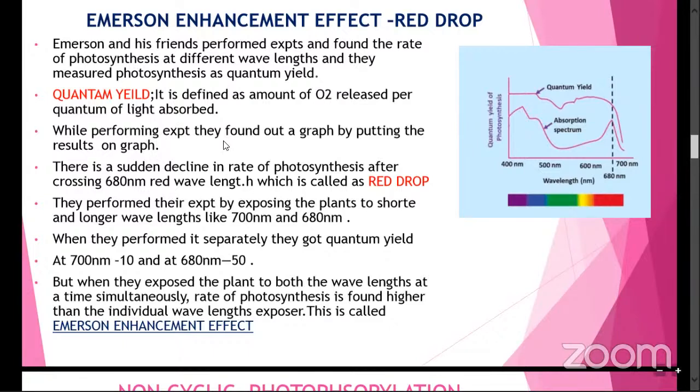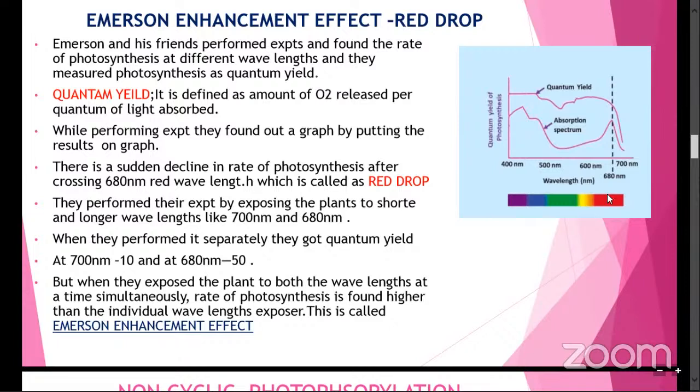While performing this experiment, they put the results on graph paper. Look at this graph. On one side, the quantum yield of photosynthesis is marked, and on the other side, the wavelength in nanometers.